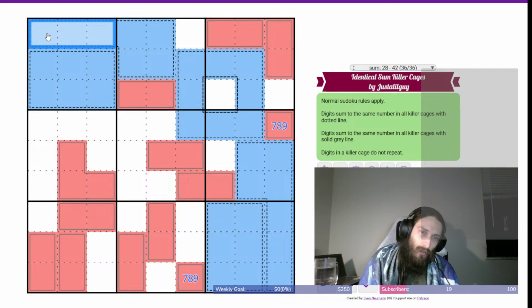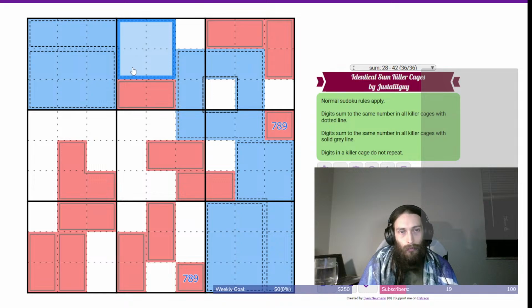So if this was 6, because we left out 1, 2, and 3, then you double the 6, that gives you 12. 45 minus 12 is 33. Is that right? Yeah. Then we'd have 33 left in these 4, which is impossible because 6, 7, 8, and 9 is 30.